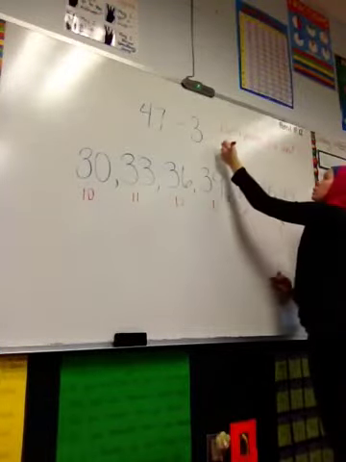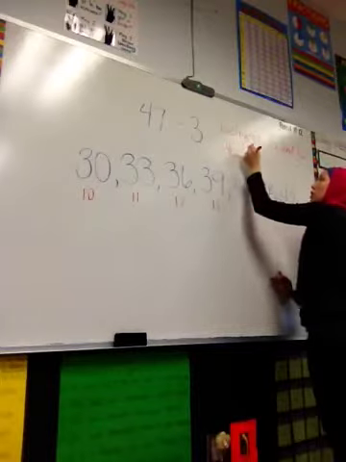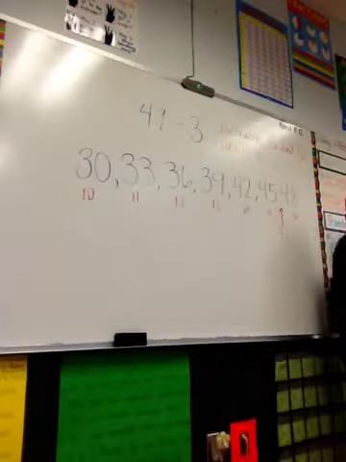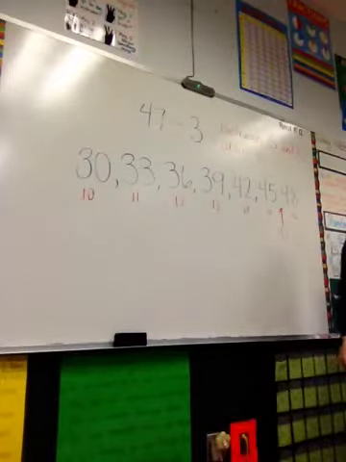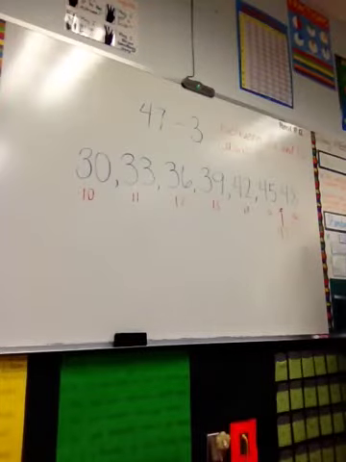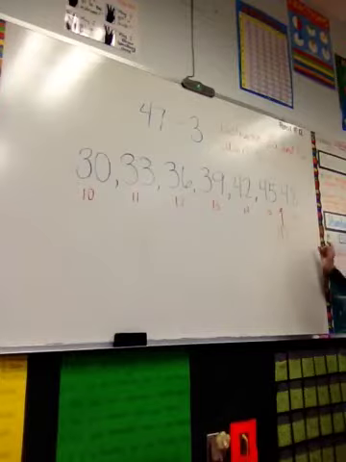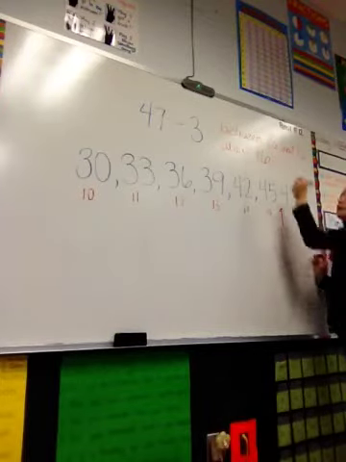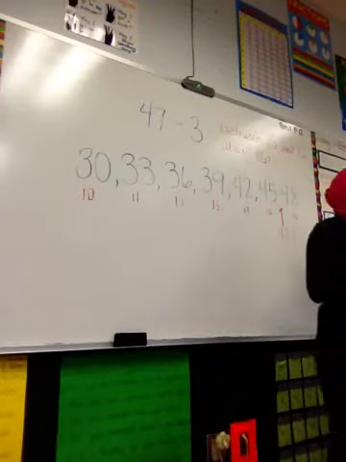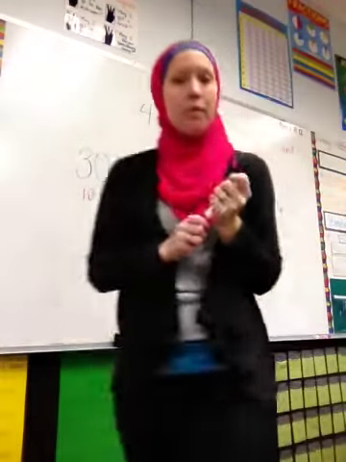But the question is, which one is it closer to? Is it closer to 15 or is it closer to 16? Raise your hand, Maha. So it's only one away from here. It's two away from here. So it's closer to 16. How about if it was the same away? That hasn't happened yet, so hopefully it won't.